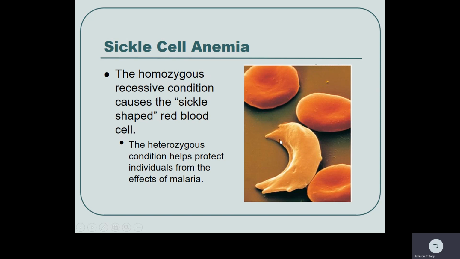It's actually a form of evolution, which sounds really strange, I know. But in tropical parts of Africa and in parts of the Caribbean, as well as tropical parts of India, you have a particular disease called malaria, and that malaria is caused by a nasty little parasite.